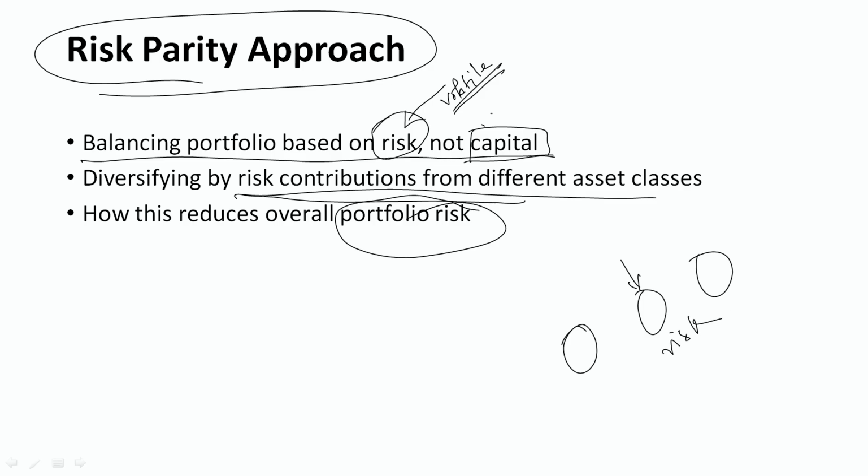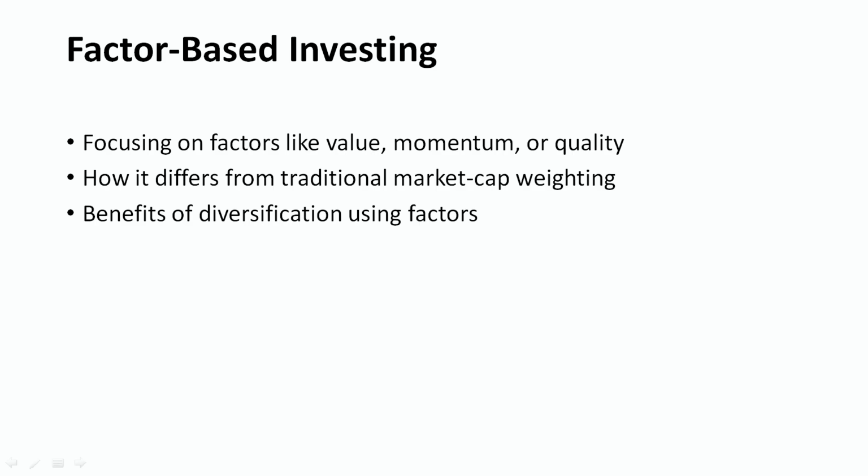Okay. So before I go into the factor based investing, let me actually discuss some of the important aspects which are related to portfolio management. So when I'm talking about portfolio management, what is the objective with which a portfolio is being managed?